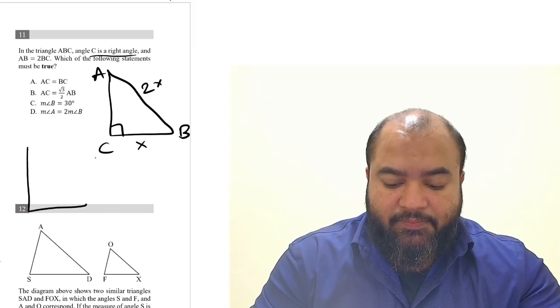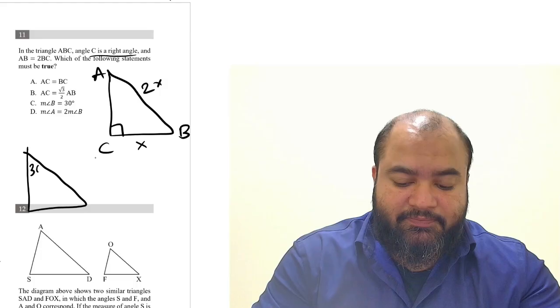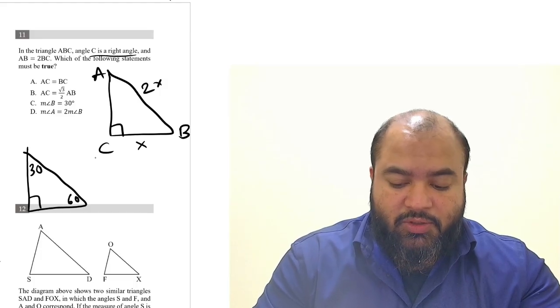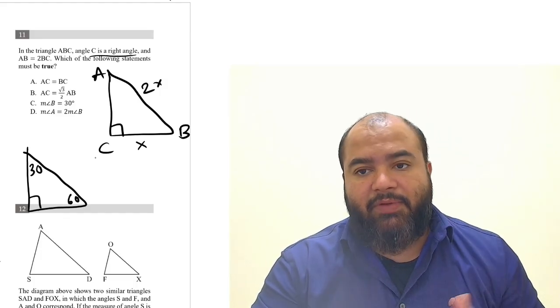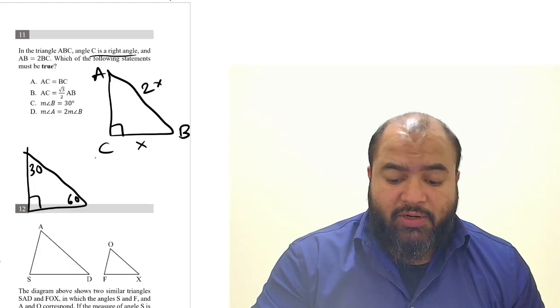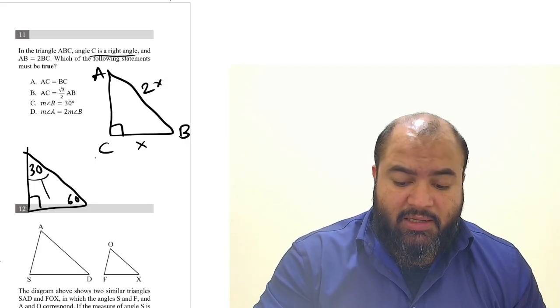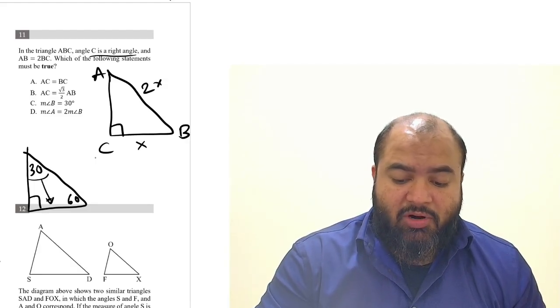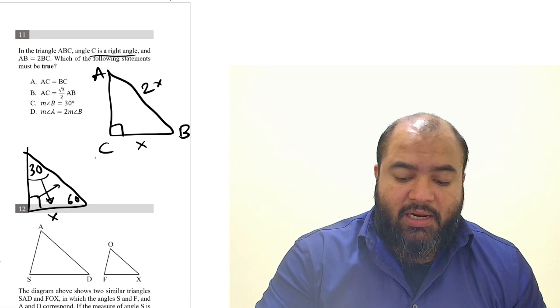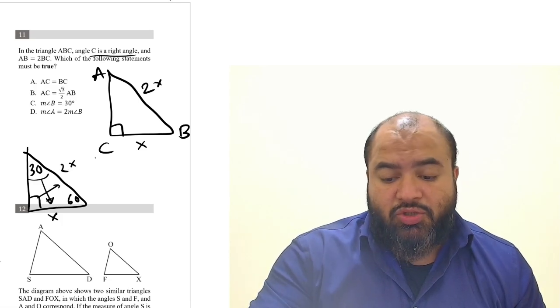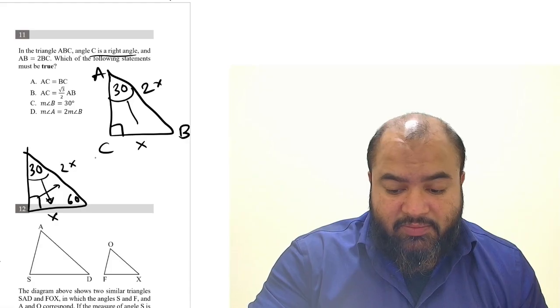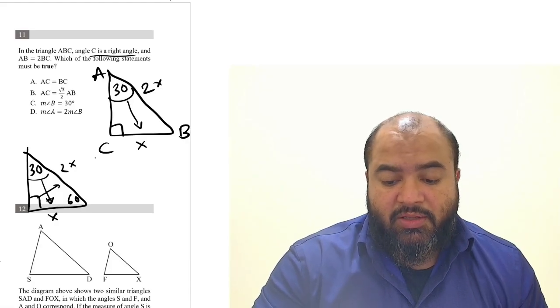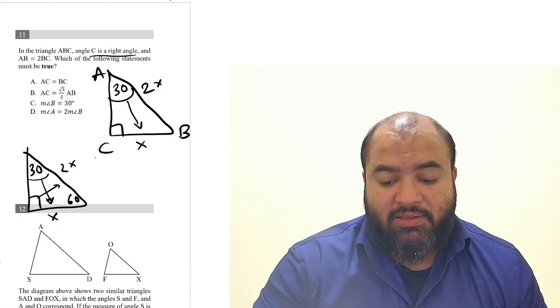If you see it's a 30, 60, 90, that will be given in your reference. So the line across from 30, and the line across from 90, the hypotenuse, will be twice. So I know that this is the 30-degree angle because that's the line across from 30, which is X, and the hypotenuse is twice.